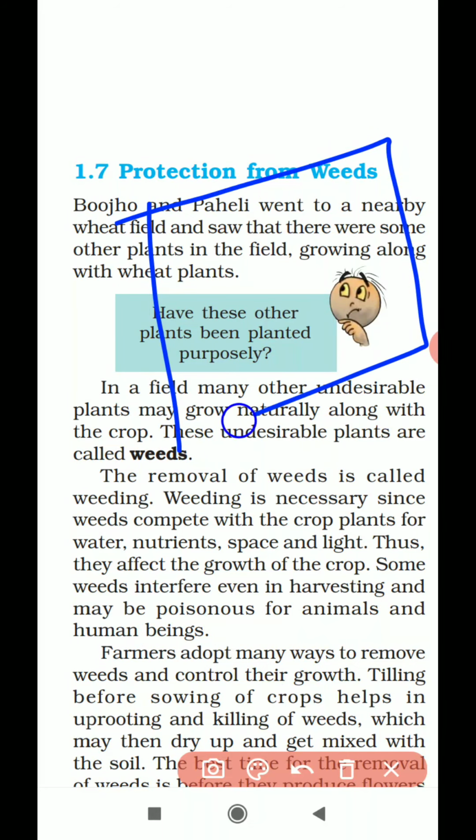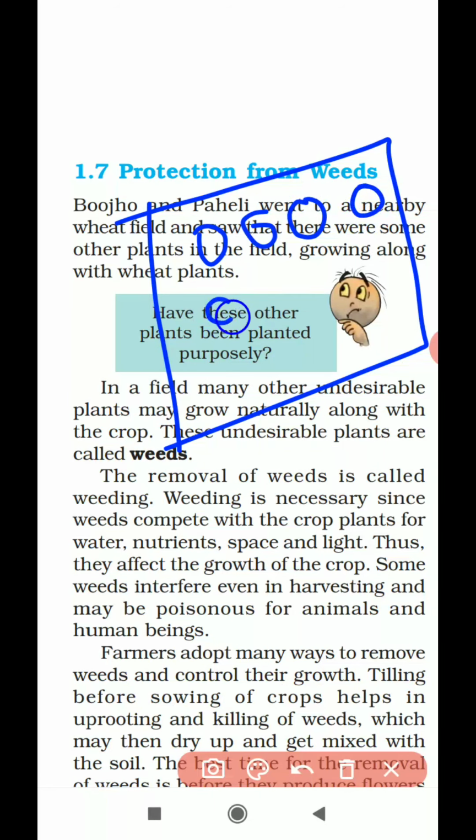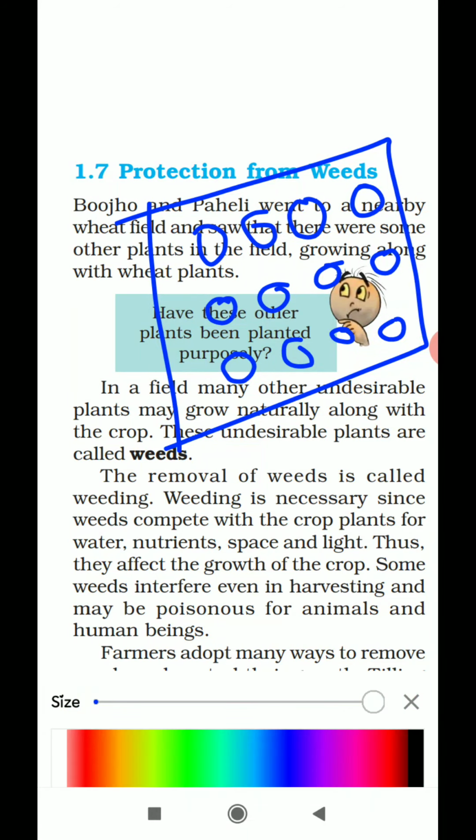Suppose there is one field here. In that field, only groundnut is growing, and the farmer wants to grow only groundnut in that field. He doesn't want any other crops growing up. Why? Suppose there is a wheat crop growing in that field.